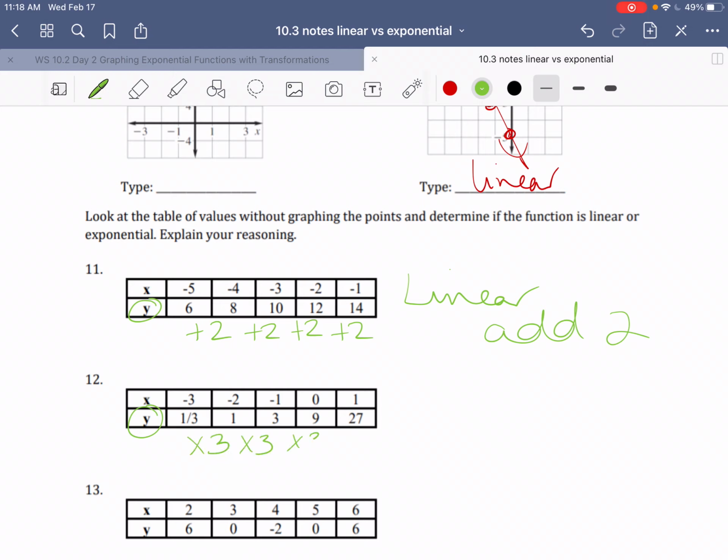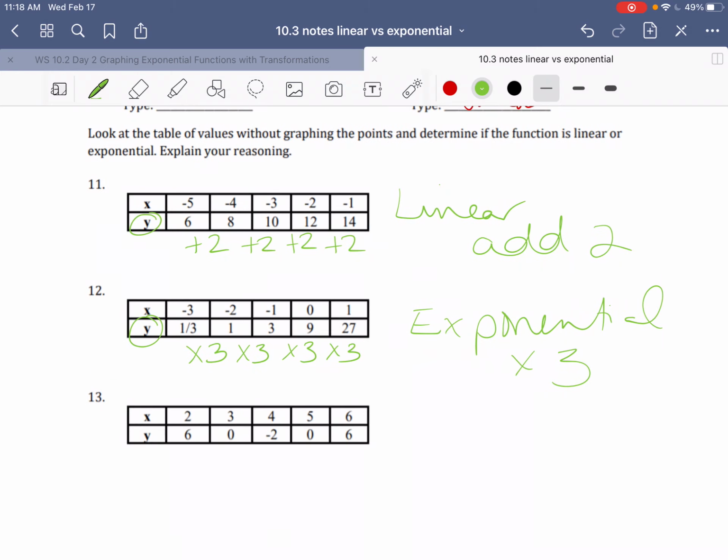You're multiplying by 3 every time. So that is exponential. So it's growing really fast. And then lastly, we are decreasing by 6, decreasing by 2, adding 2, adding 6. There's no pattern, so there's no relationship.